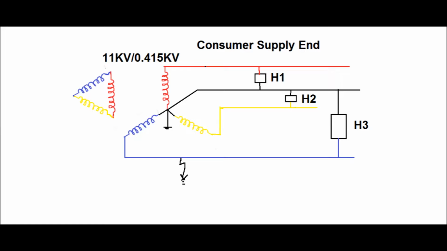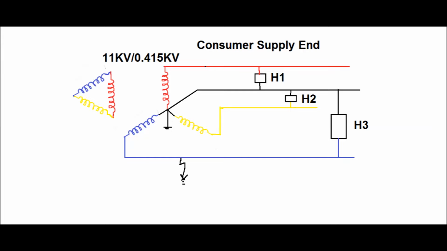Now, since the neutral is connected to the earth, the neutral point voltage is 0, and therefore the H1, H2 and H3 voltages remain at 240 volt. And if any earth fault occurs in any phase, then the faulty phase voltage comes to 0, but the other phases will remain healthy.